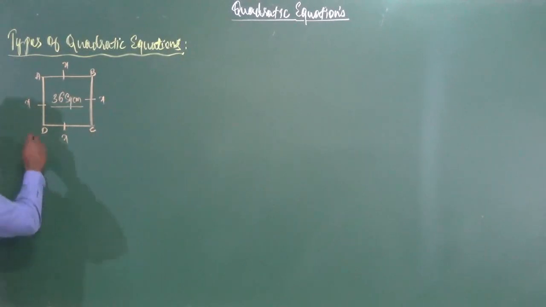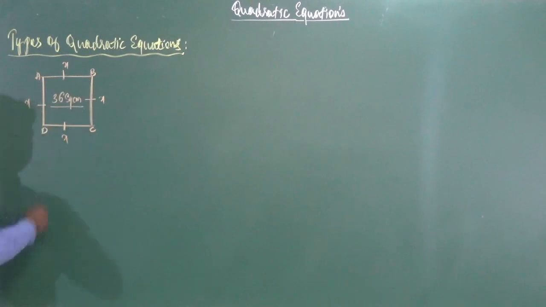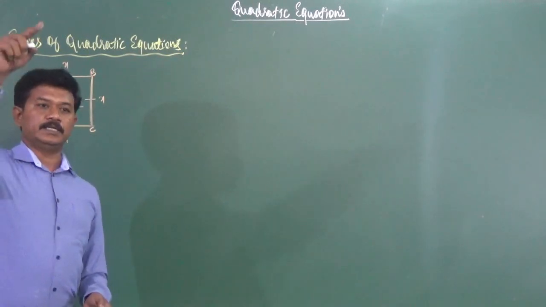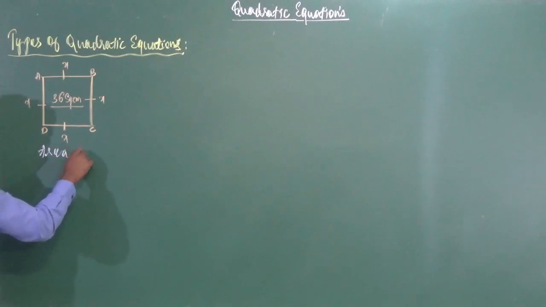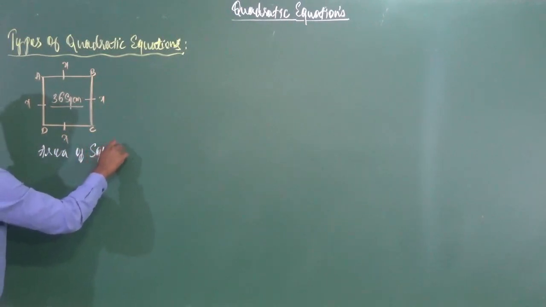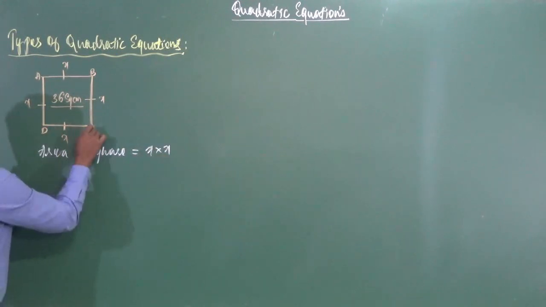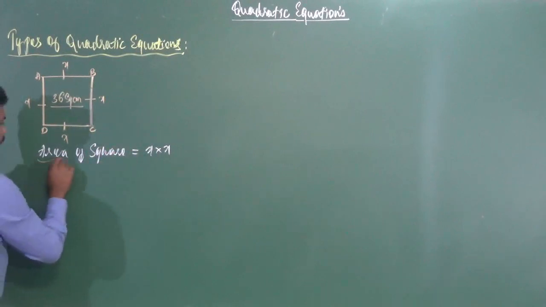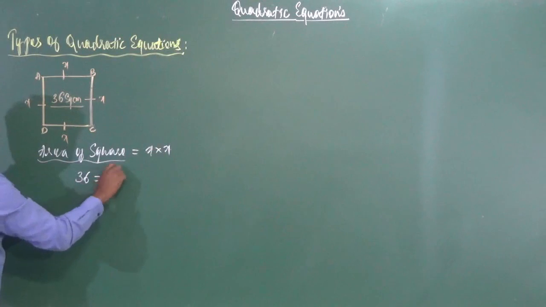Here ABCD is a square, we know that. In order to find the area of a square, we usually use the formula side into side. Any side into any side gives you the area of the square. So here the area of the square, which is 36, is equal to x into x, that is x square.